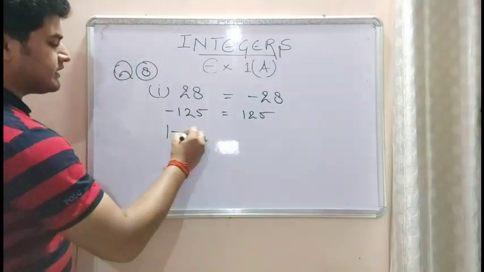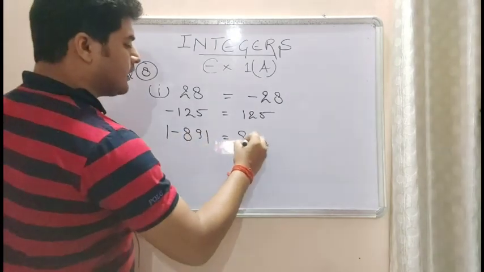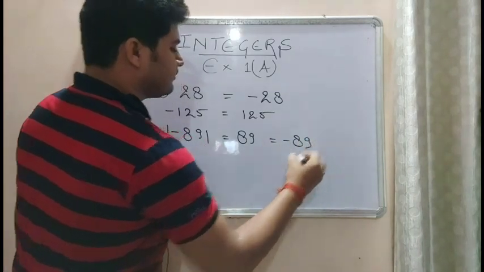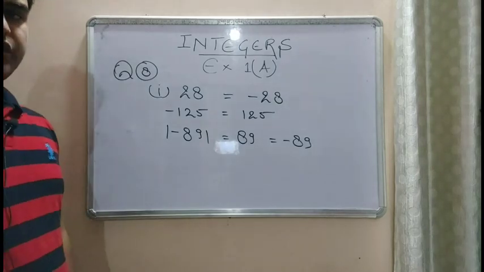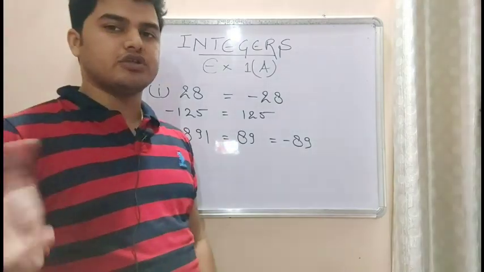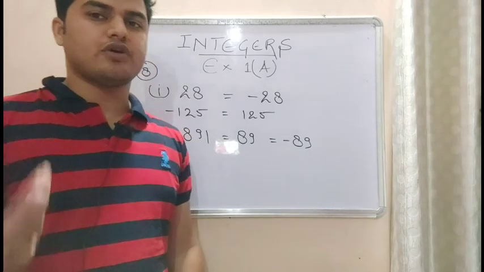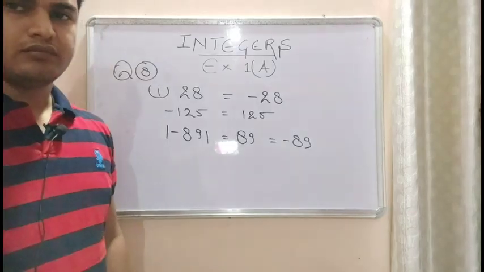Of mod of minus 89, mod of minus 89 will become 89, and then its additive inverse will be minus 89. Now 0's additive inverse will be 0 itself, because 0 is a neutral number. It neither comes in negative nor in positive. So the opposite of that can be the number itself. So 0's additive inverse is 0.